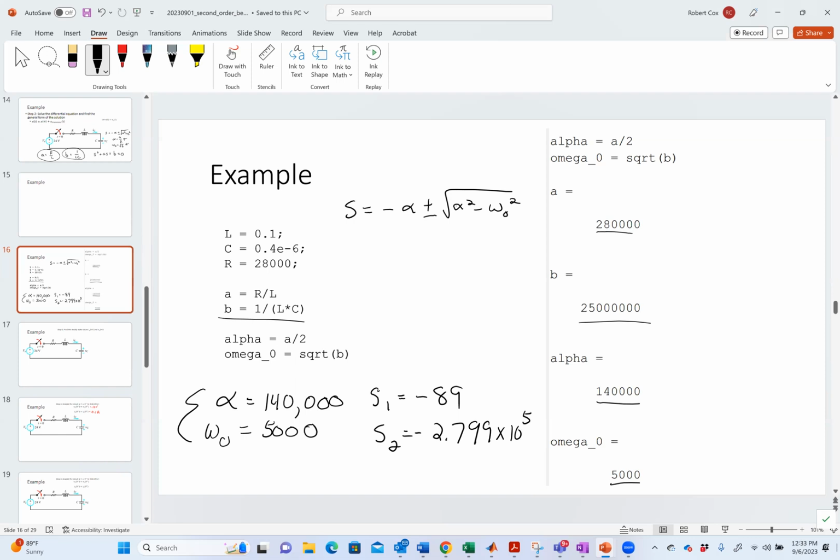They're pretty significantly different, but they're both real and both negative. We would expect them to both be negative, and they're both real because of what I have for alpha and omega naught. Okay, questions about that?